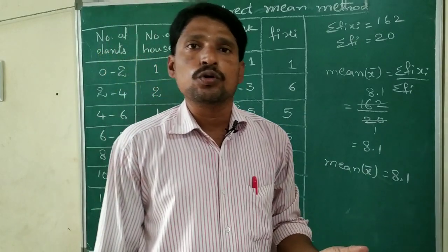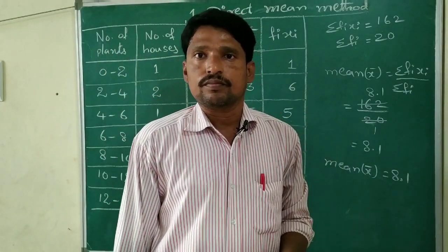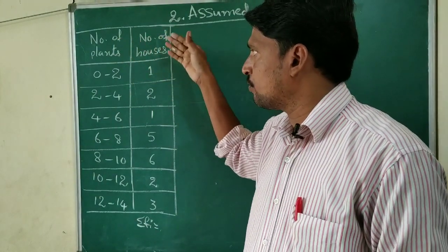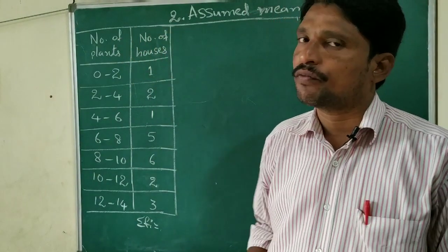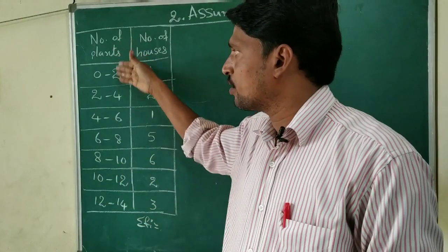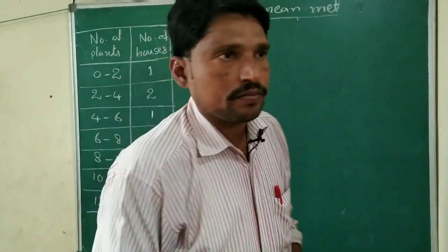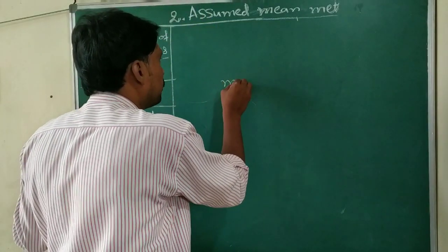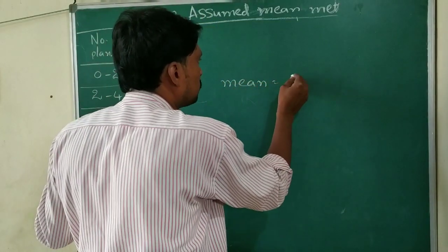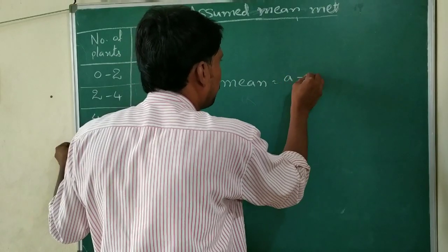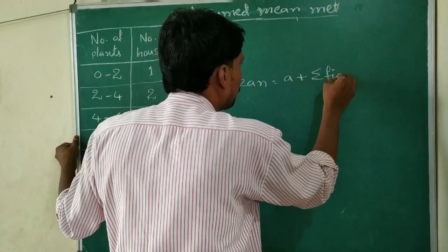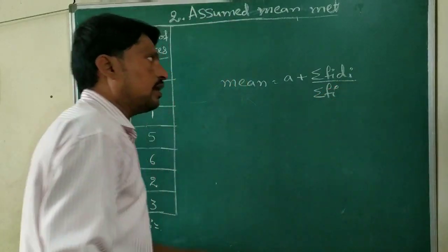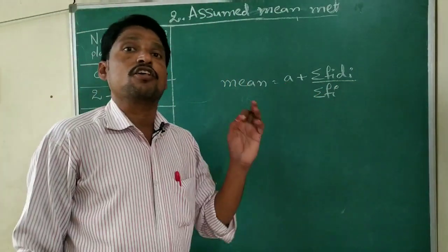Now we will go to the assumed mean method. Same data only: number of houses we are taking as the frequency, and number of plants is the class interval. In the assumed mean method, the formula is mean equals A plus sigma Fi di by sigma Fi. Here A means the assumed value.